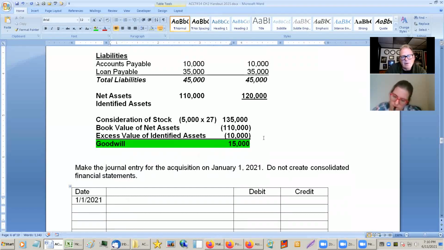Later on, when we combine them together, we'll worry about this other stuff. But right now, we're just going to put it into an investment account. So 135,000.